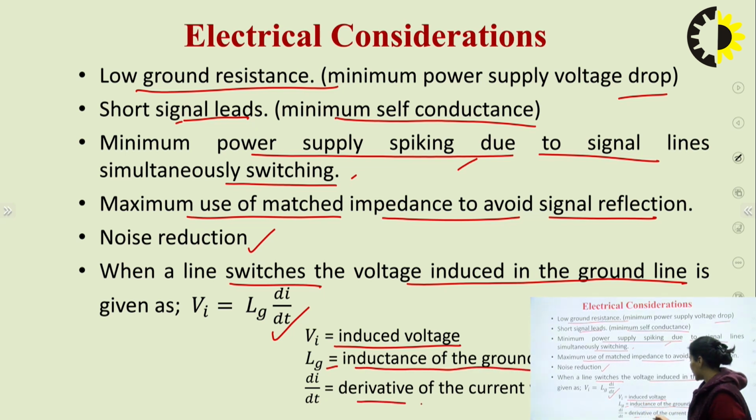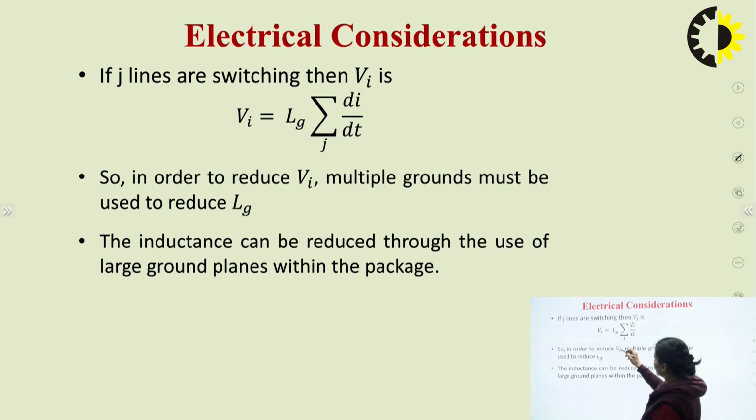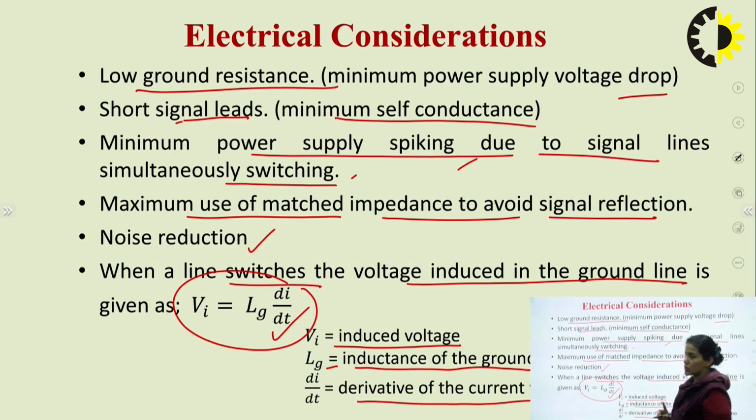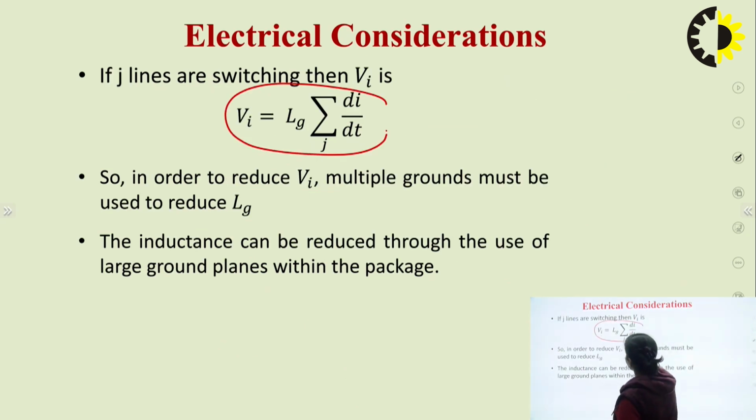Di by dt is the derivative of the current with respect to time. So here if the J lines are switching, then what is happening? This equation looks like this. This very particular equation is for the single line. Now if there are multiple lines, it looks like this. So there is a summation of change in the current with respect to time for J lines.